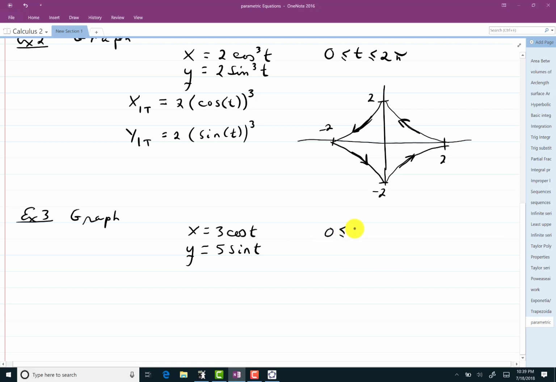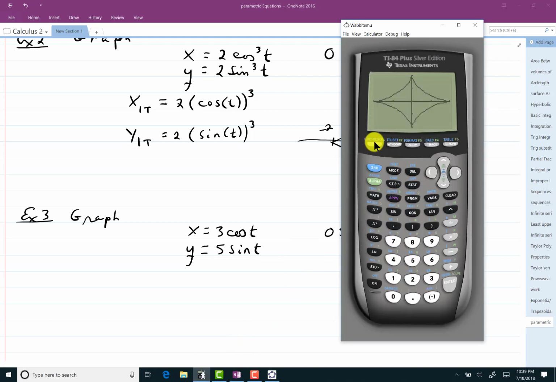T will go from 0 to 2 pi, so I get a complete graph. So I'll put these in here. Clear out my x, and I'll put 3 cosine of t. And then for the next one, I'll put 3 sine of t. And I think I can just start deleting the rest of this stuff.